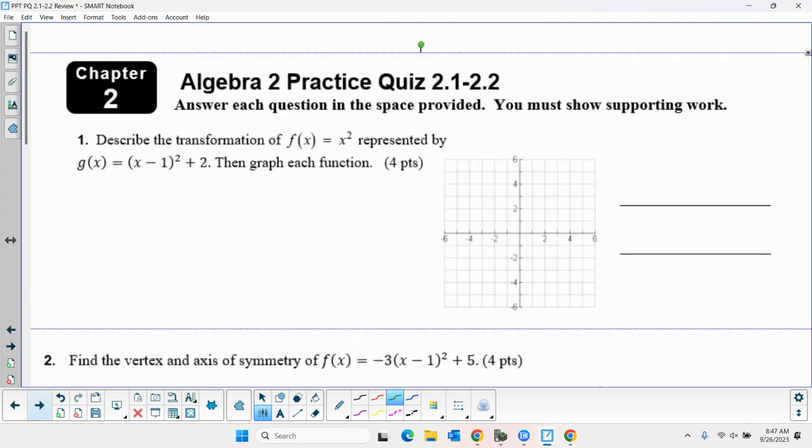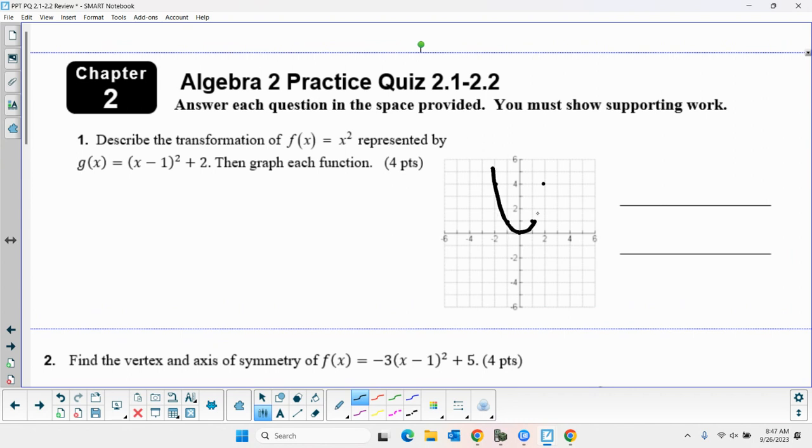All right then. Number 1, it says describe the transformation of f of x equals x squared represented by g of x equals x minus 1 squared plus 2, then graph each function. So I always graph my parent function first, and it's 0, 0, 1, 1, -1, 1, 2, 4, and -2, 4.